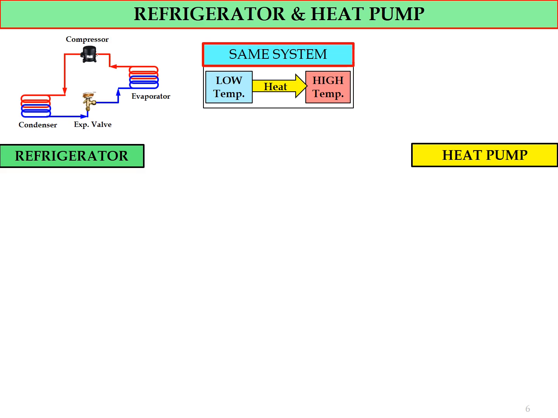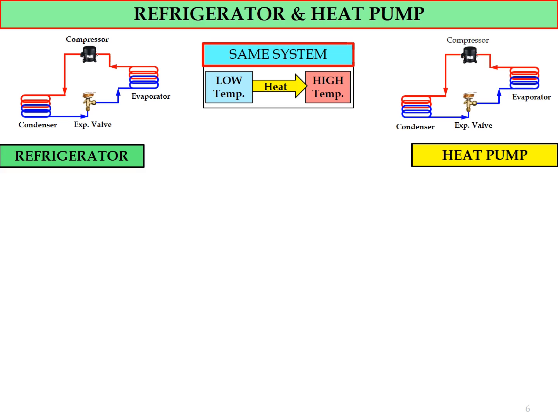Okay, in terms of the basic system, the refrigerator consists of an evaporator, compressor, condenser, and also expansion valve. So these are the basic main components for the refrigerator. The heat pump also uses the same main components as the refrigerator: evaporator, compressor, condenser, and expansion valve.